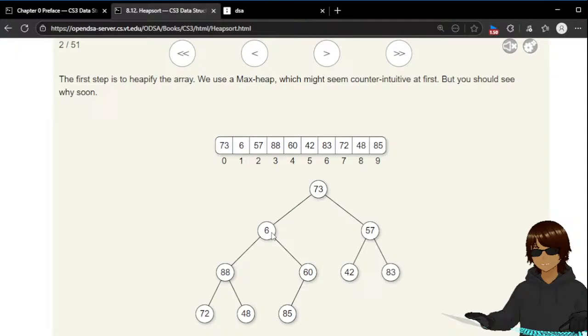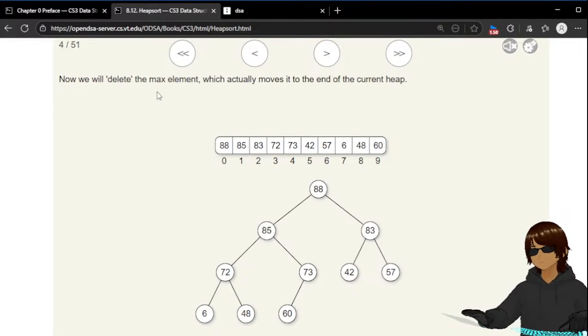Since 88 is bigger than 6, 6 keeps going down, right? Yeah, we have to push 6 down all the way till here. Yeah, okay.